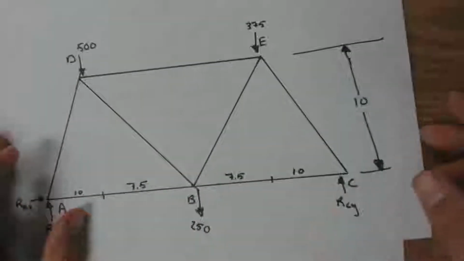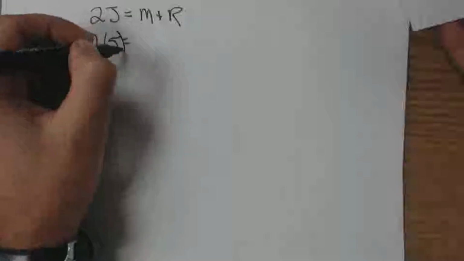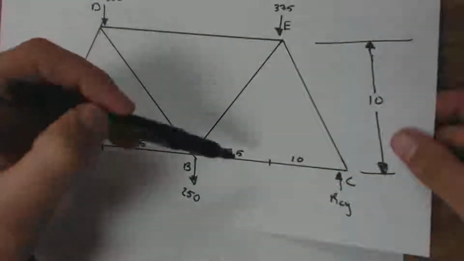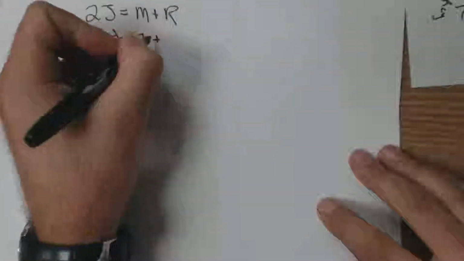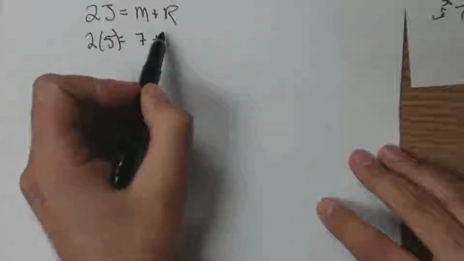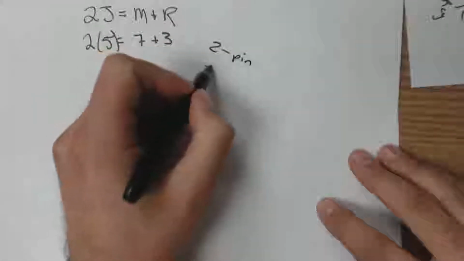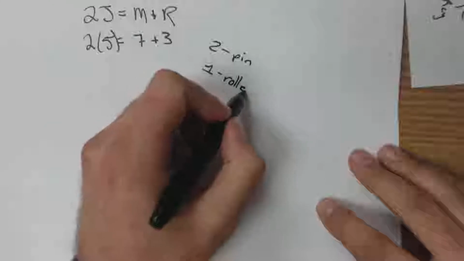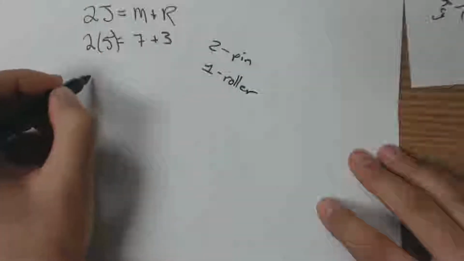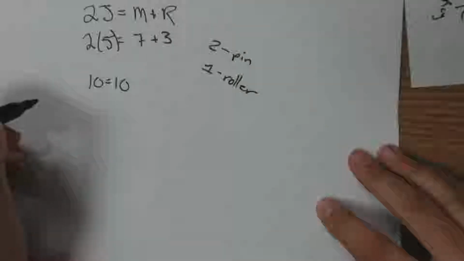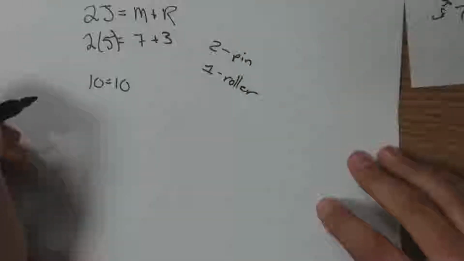So I have 5. So I have 2 times 5 equals the number of members. 1, 2, 3, 4, 5, 6, 7. 7 members, and I have 3 reaction forces. I get 2 from my pin, and I get 1 from my roller. Gives me a total of 3. 10 equals 10, so yes, in fact, it is statically determinate, and I can continue to solve it mathematically.